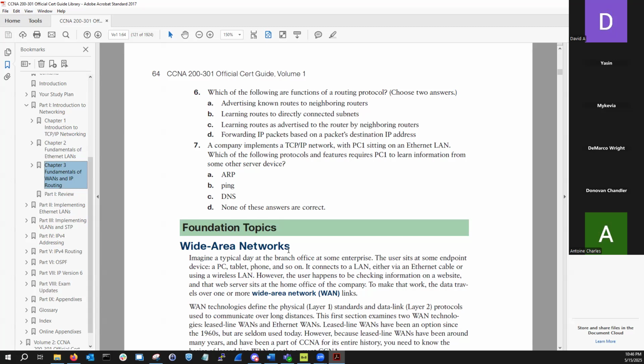Let me see. The question is asking, which of the following are functions of a routing protocol? At a fundamental level. It's not asking for specifics. It's asking for what are the functions of a routing protocol at a fundamental level.